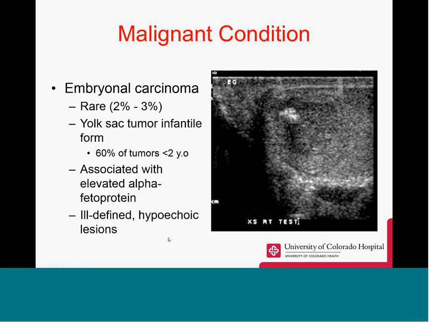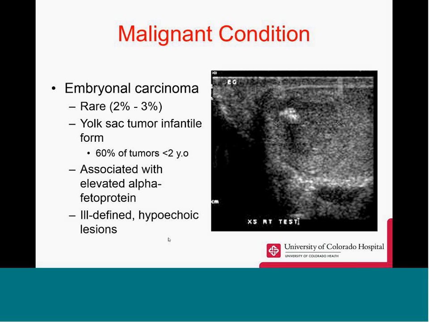Embryonal carcinoma. This is rare, 2 to 3% of tumors. The yolk sac tumor is the infantile form. This is going to be consisting of 60% of tumors in less than 2-year-olds, so not as rare in pediatrics.